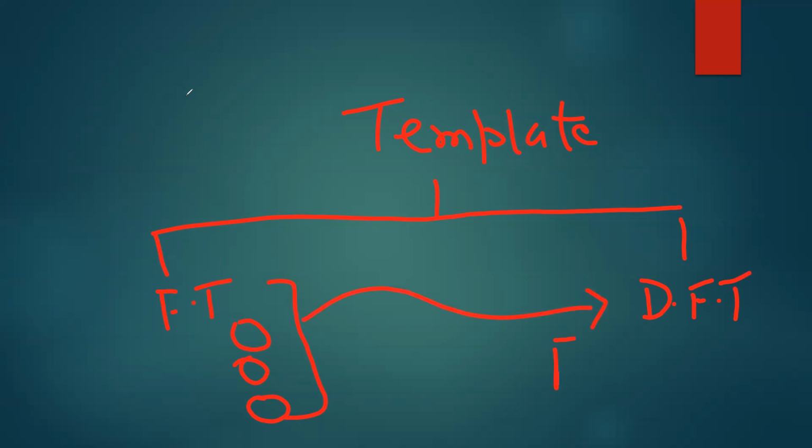FT is nothing but the feature template, and D here is nothing but the device. So a device feature template means that from smaller constructs you are building a big configuration. Now again, there is one variation when it comes to device configuration.